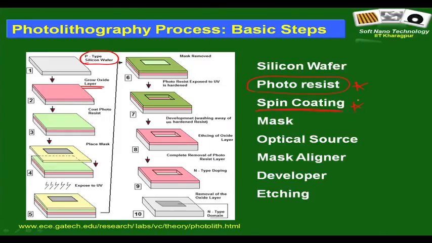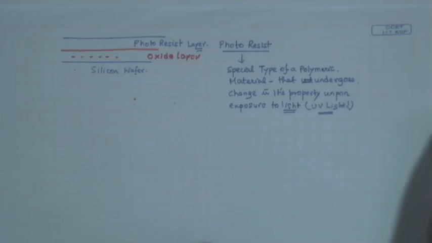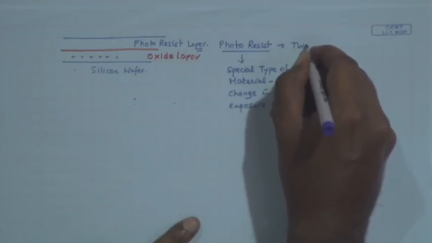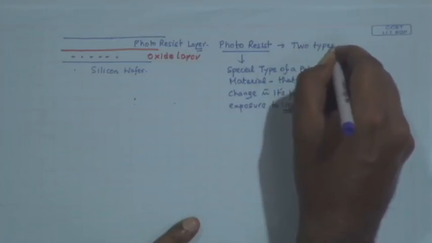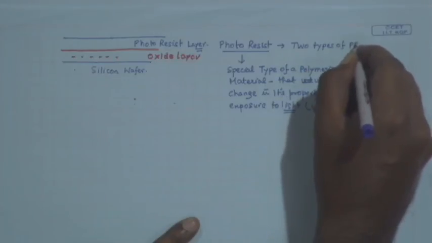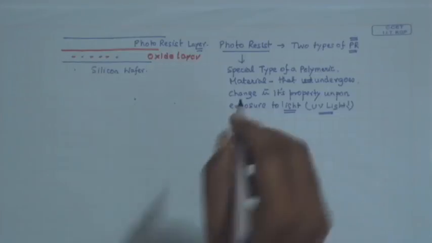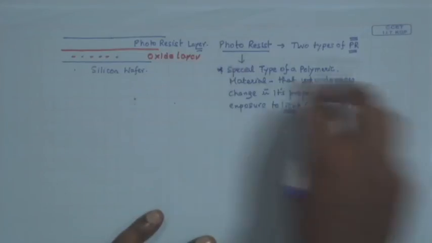Then once you have this photoresist layer, of course, we will eventually discuss that there are two types of photoresist. And what are the two types? In fact, there are several questions in the statement that I have made here.